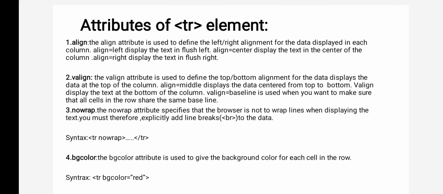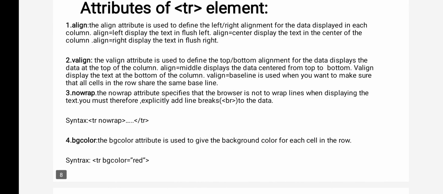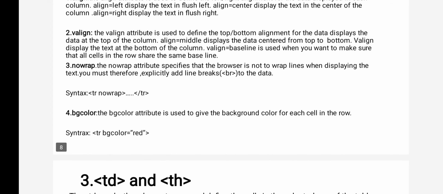Now the second one is valign. Again, valign is a vertical alignment. You can give a vertical alignment to your text also using a row. Same, nowrap. Whatever attributes I am now explaining are all related to an individual row. If you want to give common properties to all the rows in a table, then you can add the same attributes inside the table tag.